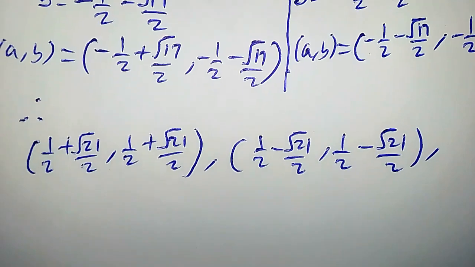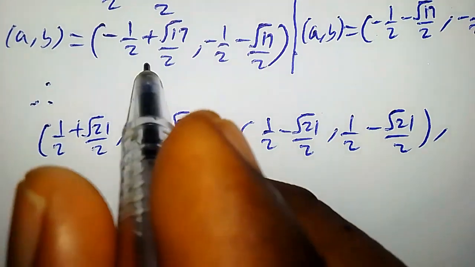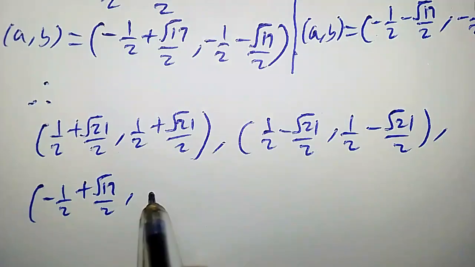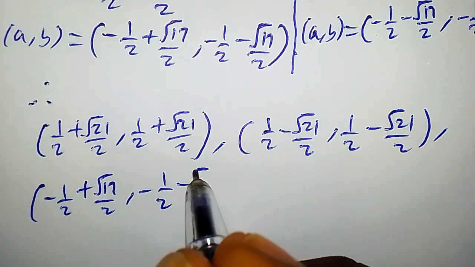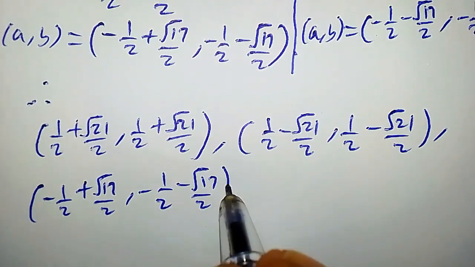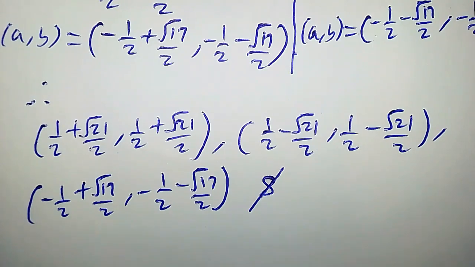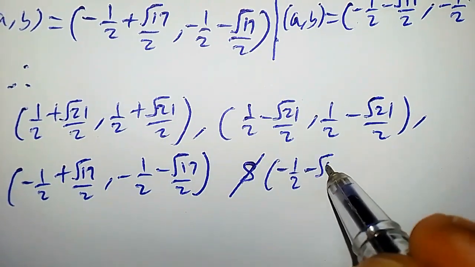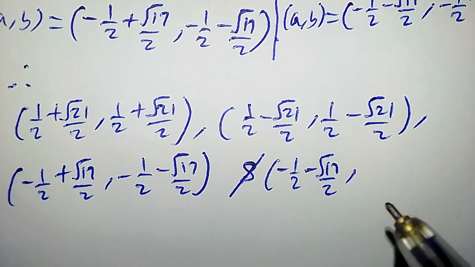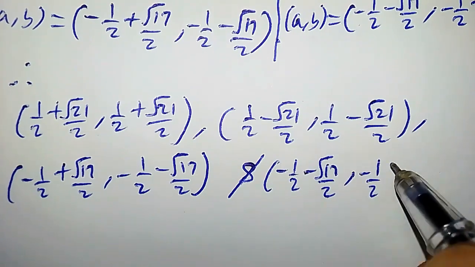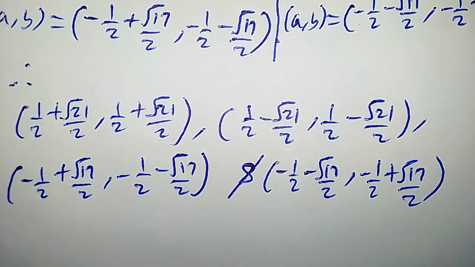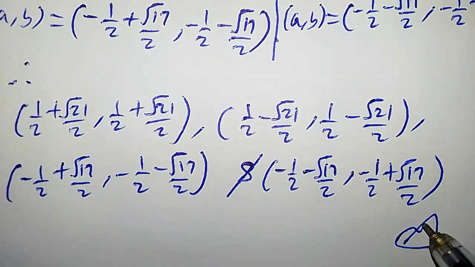The third solution is minus 1 over 2 plus square root of 17 over 2, comma, minus 1 over 2 minus square root of 17 over 2. And the fourth solution is minus 1 over 2 minus square root of 17 over 2, comma, minus 1 over 2 plus square root of 17 over 2. This is the fourth solution.